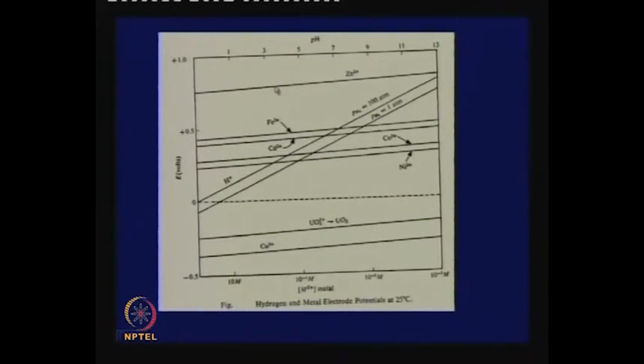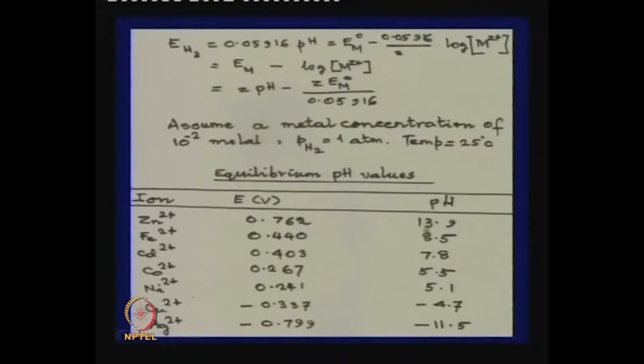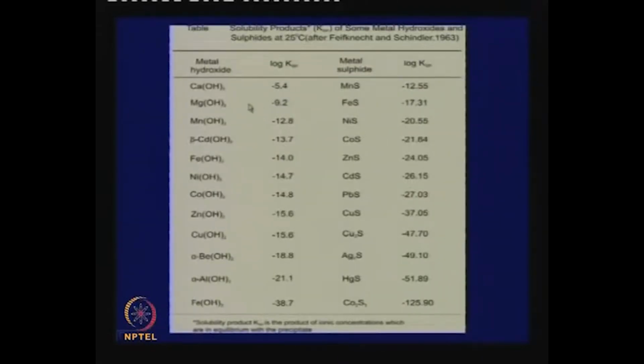Something like zinc metal cannot be produced, no matter what pressure of hydrogen you give or how alkaline it is, because it is far too high in the electrochemical series. So this analysis we have done, we have shown the pH requirements for equilibrium pH values, and then we have shown that if you try to make something very alkaline, there is also a danger of precipitating hydroxides.